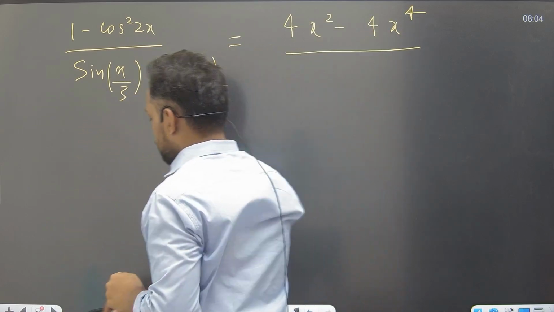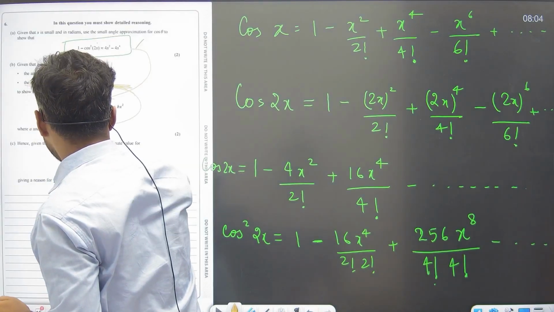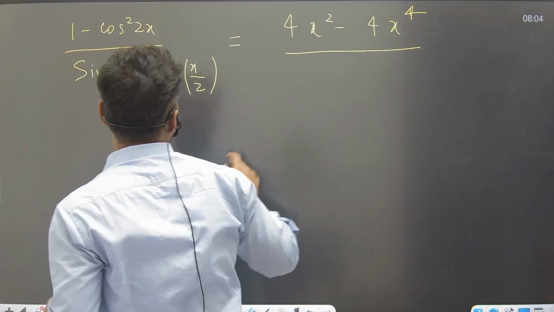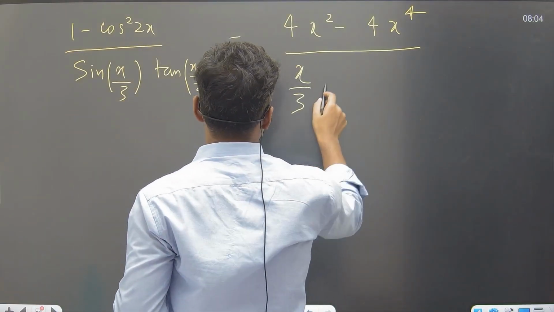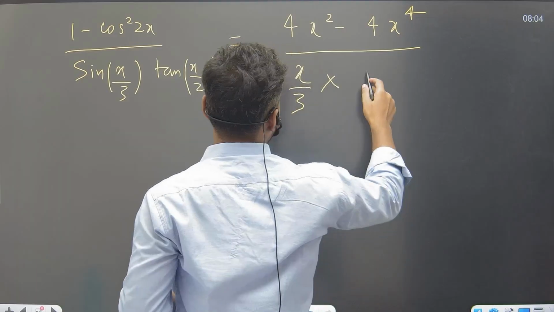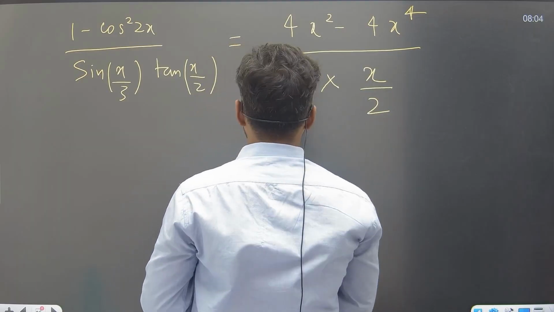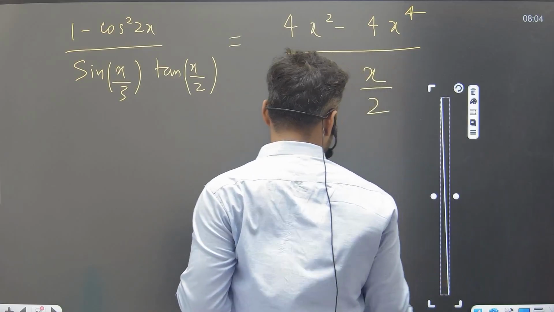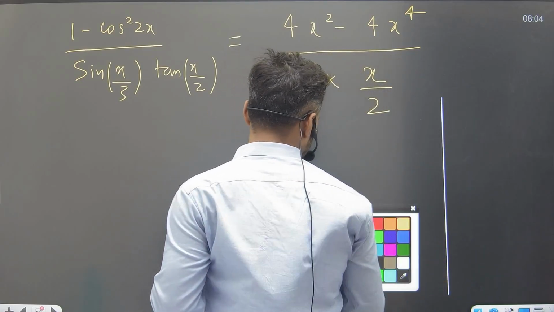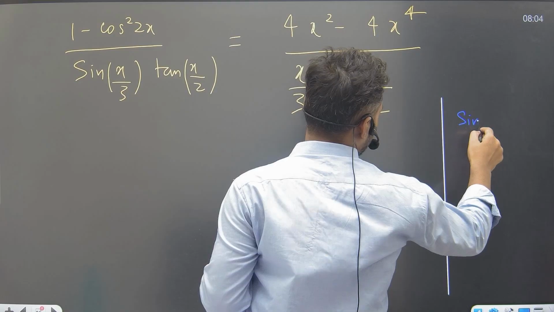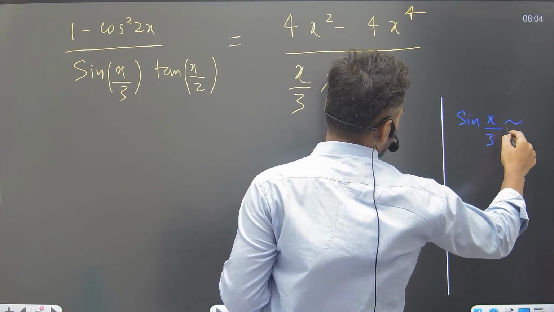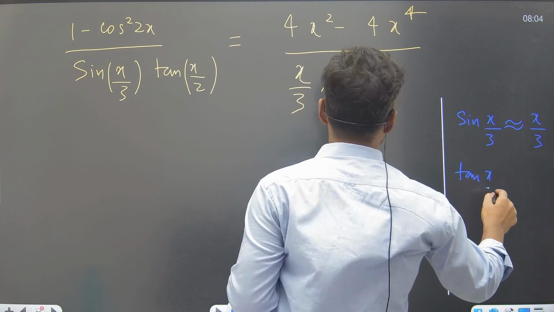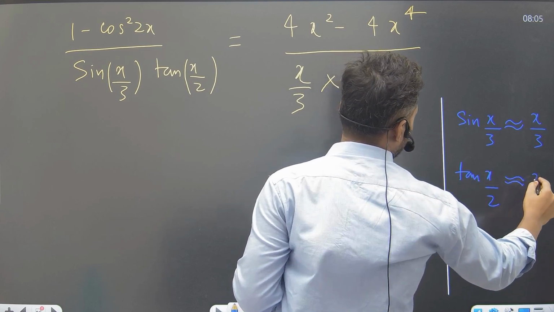In the case of approximation, sin x by 3 could be written as x by 3. Similarly, tan x by 2 could be written as x by 2, because sin of x by 3 is approximately x by 3, and tan of x by 2 is approximately x by 2.